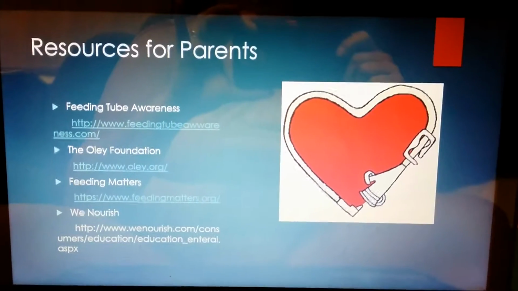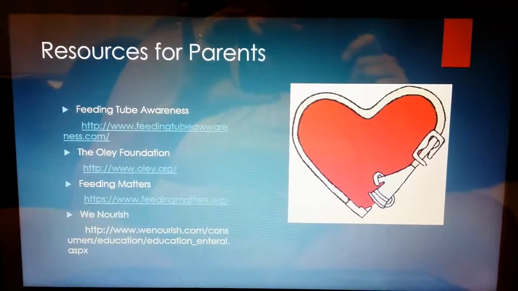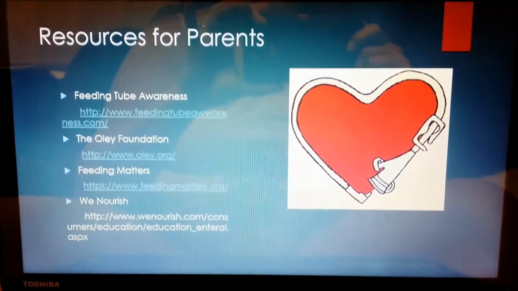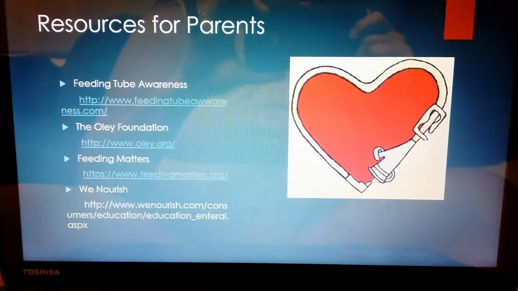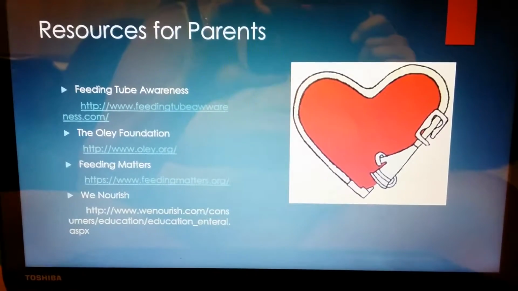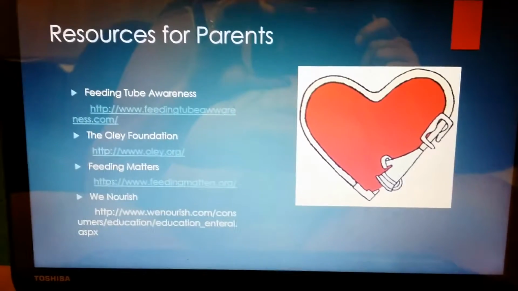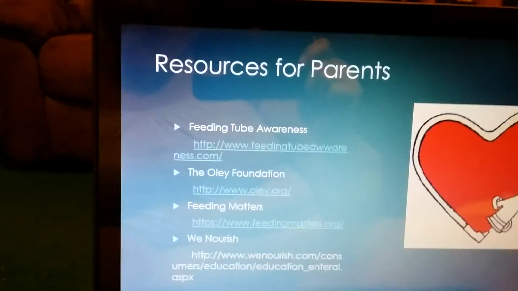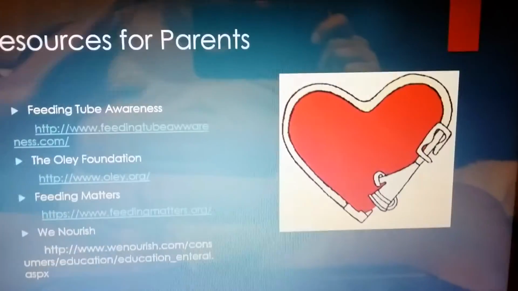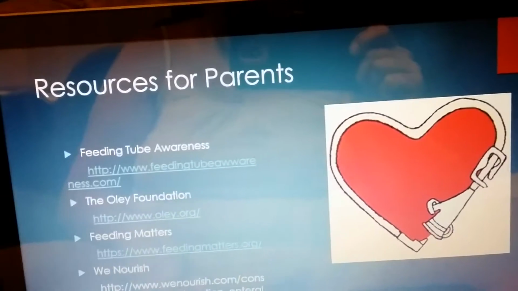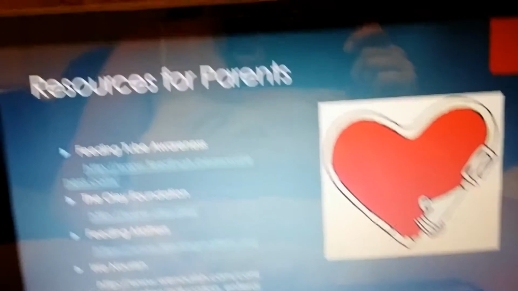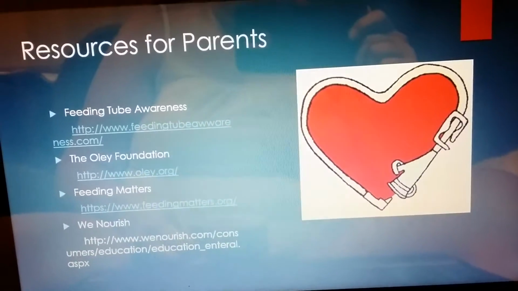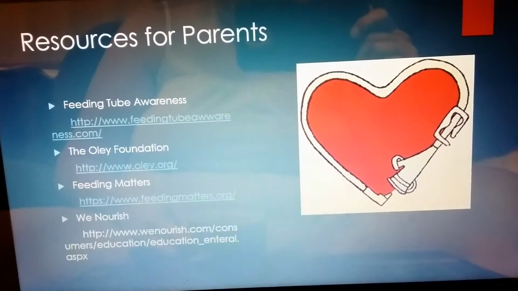Resources for parents. You can check out the following resources if you have any more questions about tube feedings: FeedingTubeAwareness.com, the Oley Foundation, Feeding Matters, and We Nourish. These resources will provide information about how to raise positive awareness of tube feedings and help parents obtain the knowledge and practical support they need.